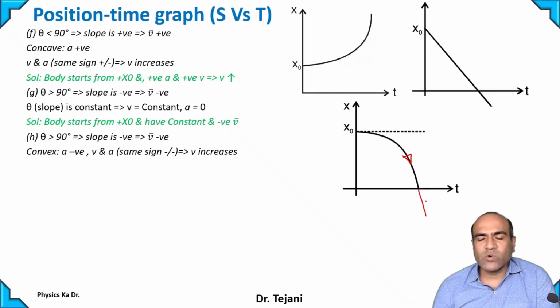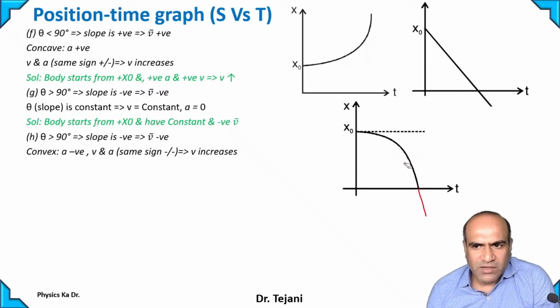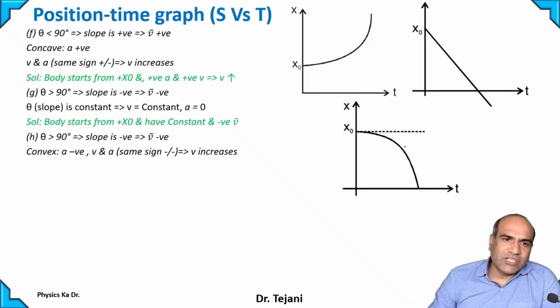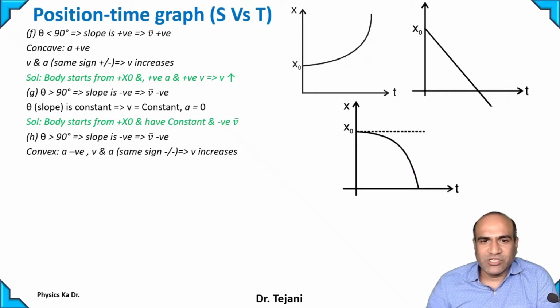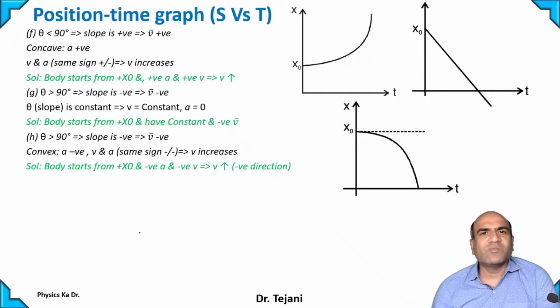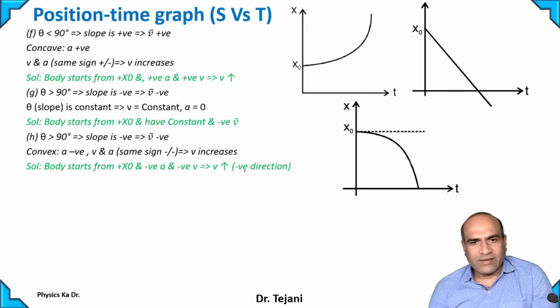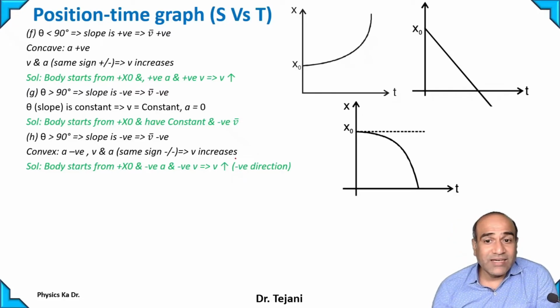If you extend this, it goes in the downward direction. So this is h. The body starts from positive x with negative acceleration, and velocity increases in the negative direction.